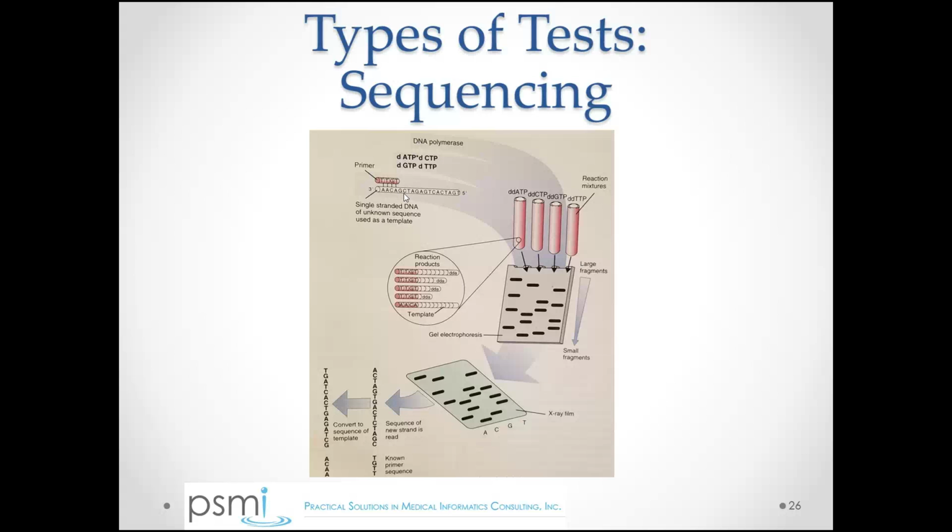Next, I can add a whole bunch of nucleotides, and I can see that only the G gets added.